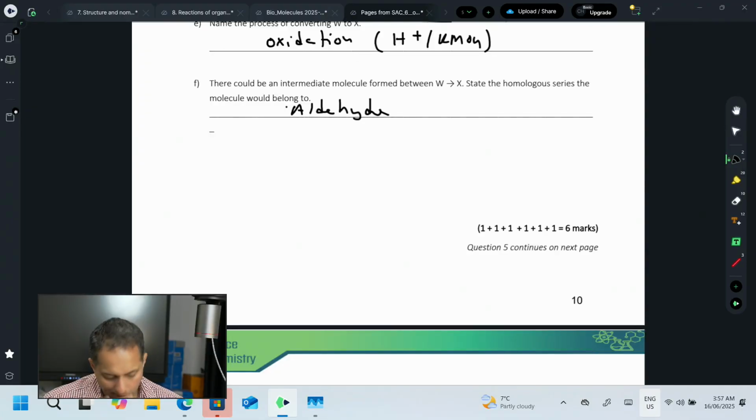So if you want to make a carboxylic acid, you need to have a primary alcohol, then the aldehyde if you want to make that, or you can straight away make it into a carboxylic acid. Secondary alcohol, ketone. Tertiary, no reaction. Okay, then what do you have to do here?